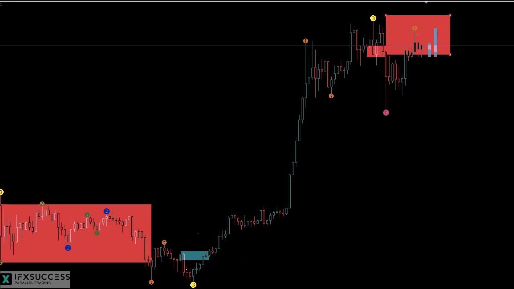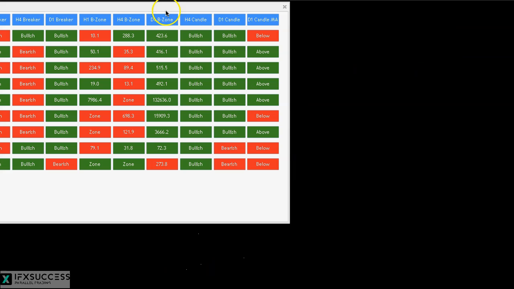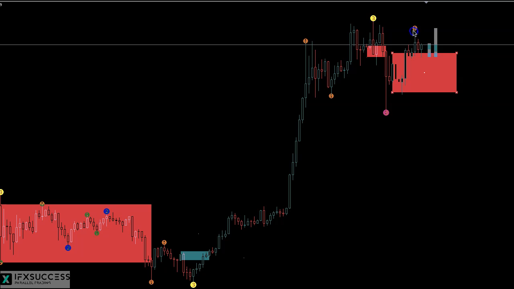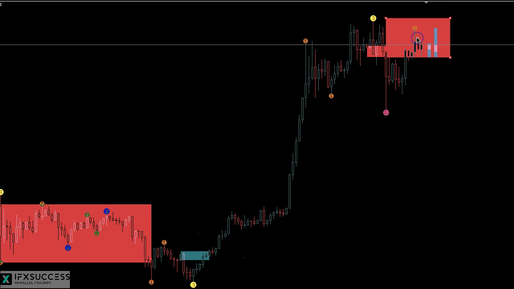So on the dashboard, you're going to be able to tell, okay, it's red under the 4 hours, so that means I'm in the zone. So maybe I could be looking for selling opportunities. Well, let's not fast forward, but at least that is what we're looking for, right? Hey, I'm already in the zone. So this is a selling zone.